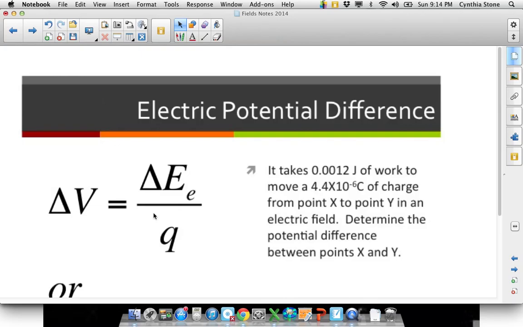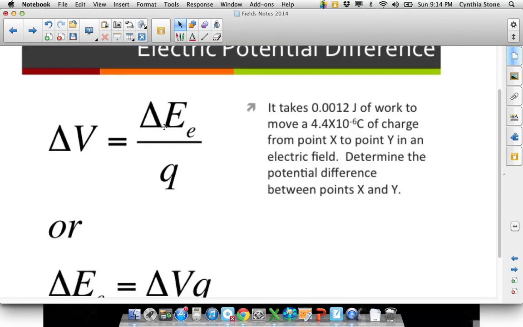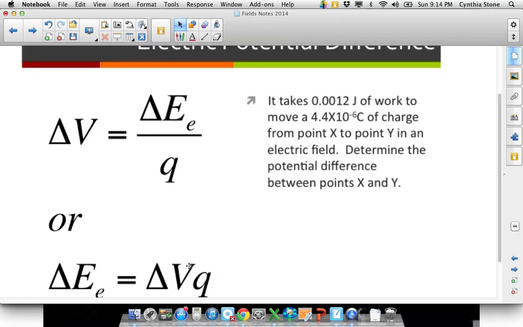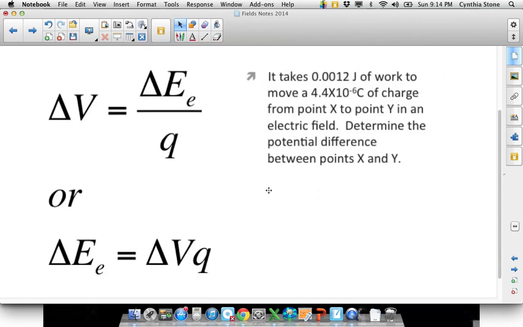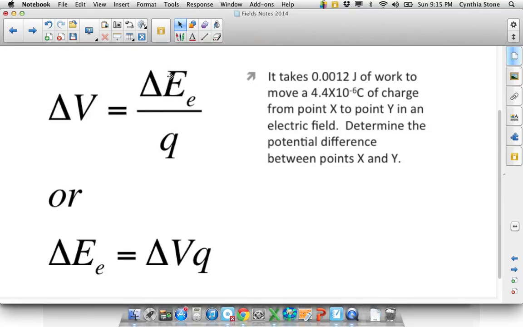But potential difference is just change in electrical potential energy divided by Q, and then you can rearrange that to have this equation. So here's a little example. If it takes that much work, which is like change in energy, okay, so that's my change in E, to move that Q of charge from point X to Y, I want to find the potential difference between those locations.